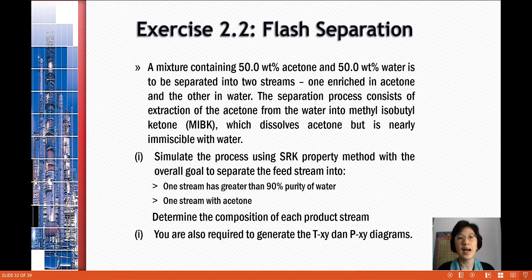The other is a stream which is enriched in acetone. After you simulate the process, you need to determine the composition of the product stream. Second, you have to generate the TXY diagram and also the PXY diagram.